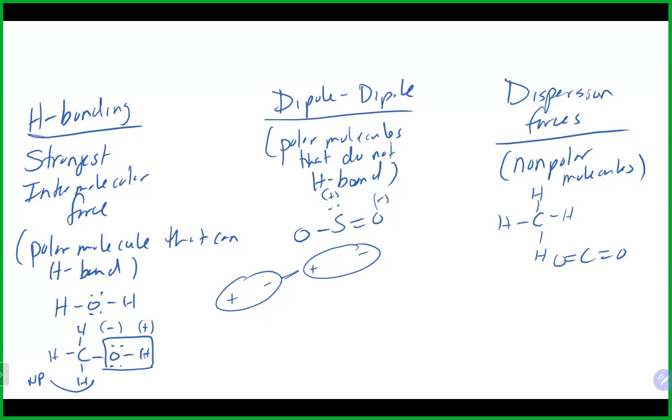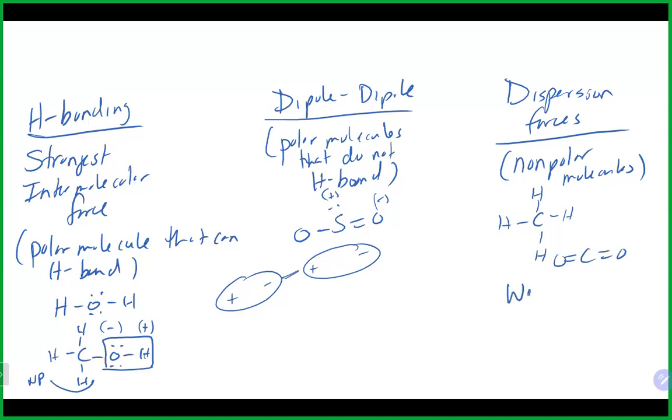To be honest with you, everybody can use dispersion forces, even polar molecules. That is also why they interact for a short period of time with something that is nonpolar. But the main route for polar molecules that have hydrogen bonding will be that hydrogen bonding, which is the strongest.